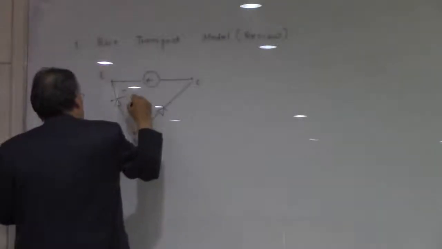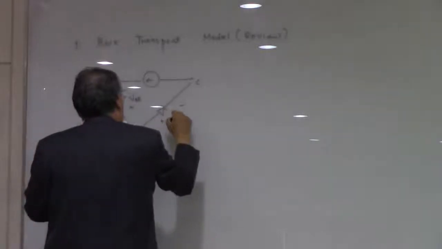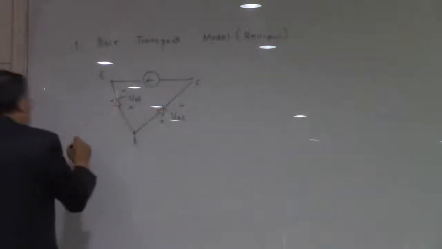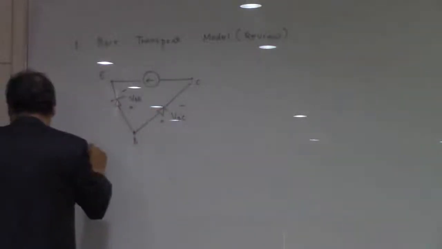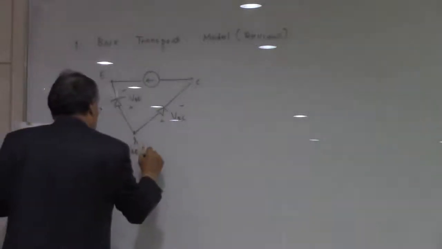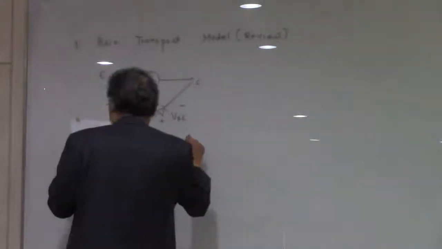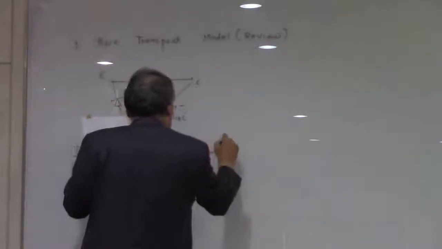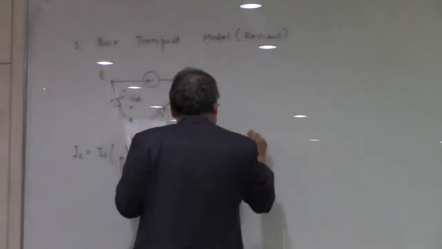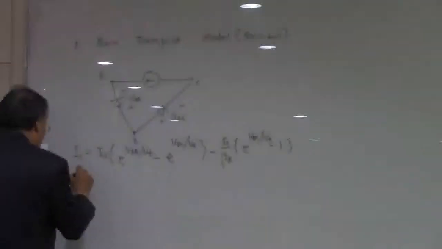Minus plus free BE here, and then a plus minus free BC. So BE over free T minus free BC over free T. That's IS over free T, free BC over free T minus 1.